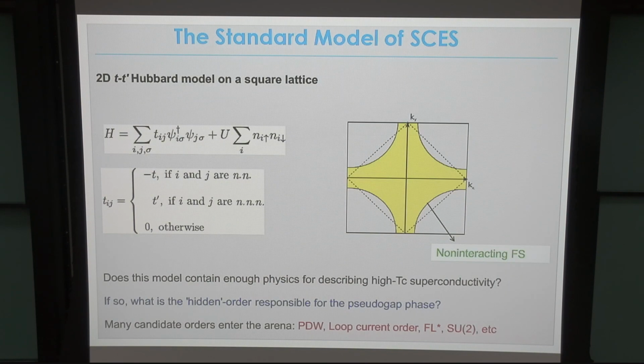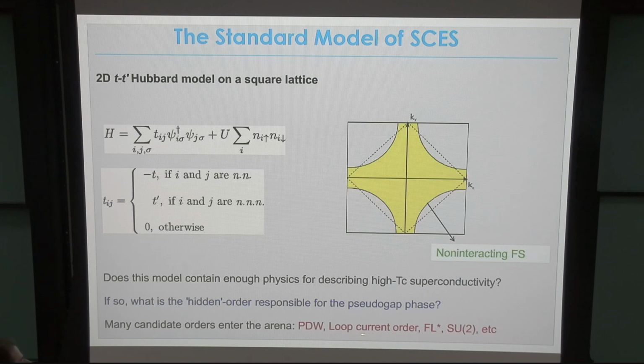Okay, so the standard model to describe this material is, of course, the Hubbard model. I show you the t-t-prime Hubbard model on a square lattice. The main question in this field is, does this model contain enough physics for describing high-Tc superconductivity? And if yes, what is the hidden order of the pseudogap phase? Many candidates enter the arena here. There is this pair density wave phase that I'm going to talk about in a minute, which is a possible candidate for the pseudogap hidden order.